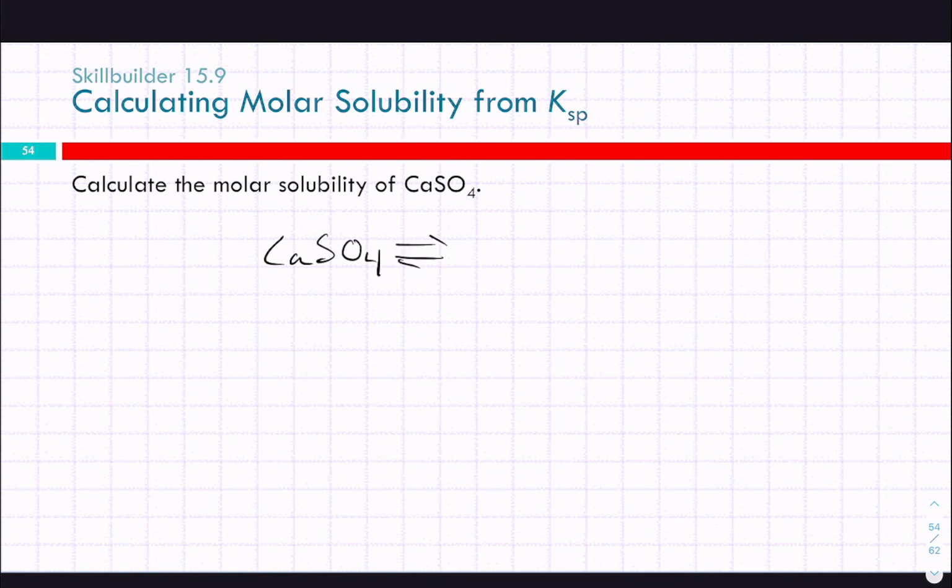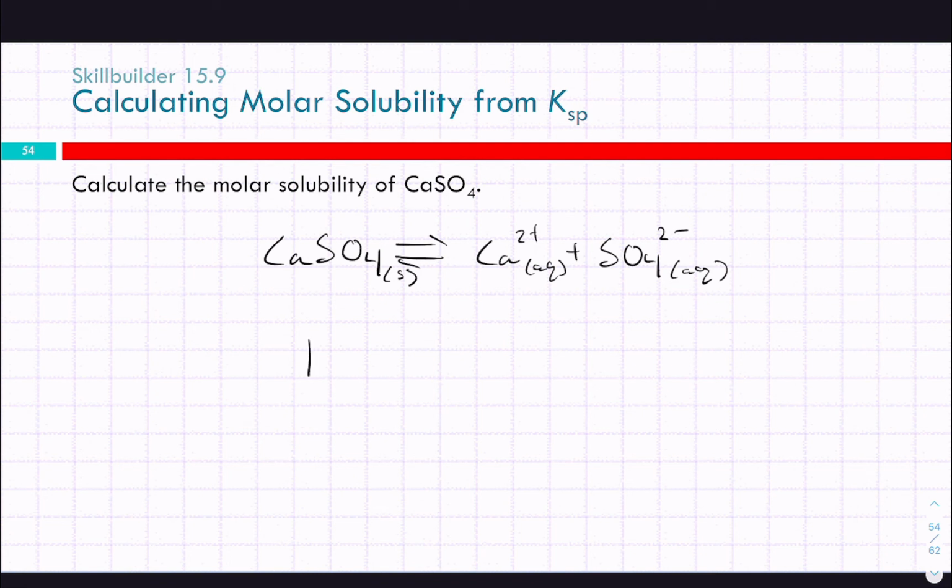So for this, write out the dissolution equation. If this dissolves, we're going to get Ca2+ and SO4 2-, solid, aqueous, and aqueous.